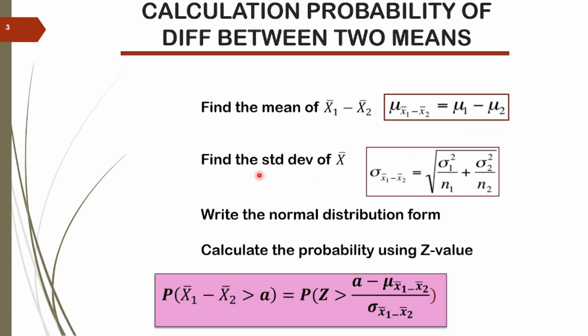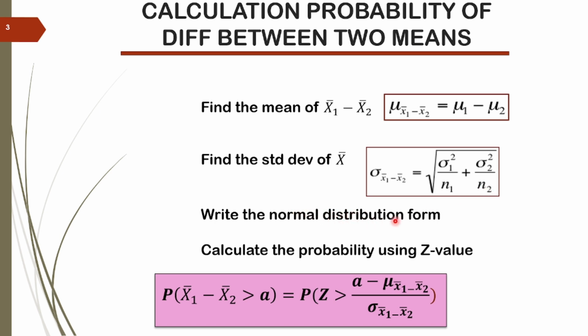Then we find the standard deviation of this difference, sigma of x-bar1 minus x-bar2, which equals the square root of sigma1 squared divided by n1, the sample size from population 1, plus the variance from population 2 divided by n2, the sample size from population 2.